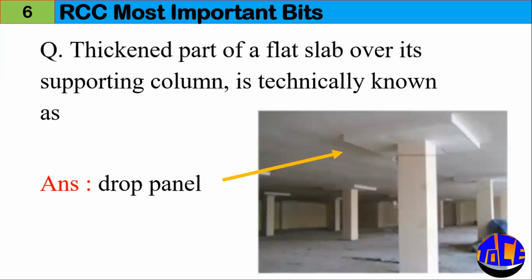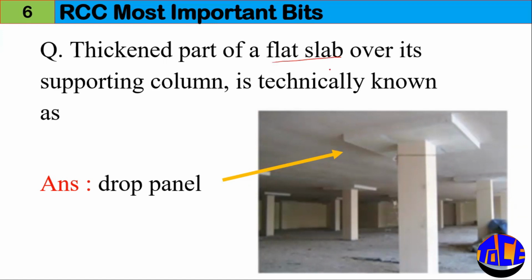Question number 6. Thickened part of a flat slab over its supporting column is technically known as drop panel. So here I have provided diagram of a drop panel. So here try to know what is flat slab also.